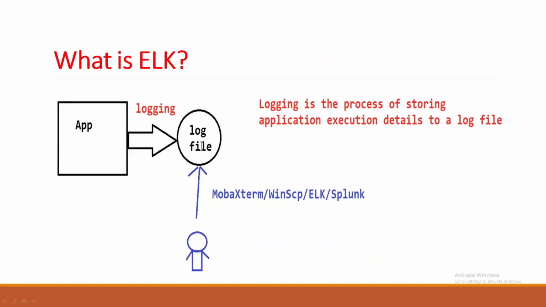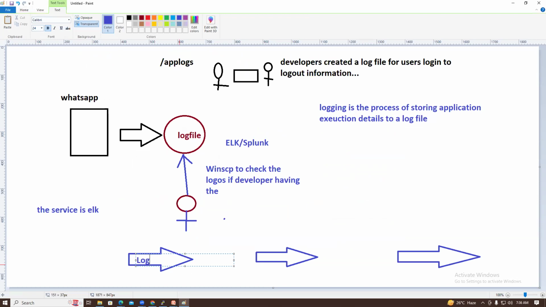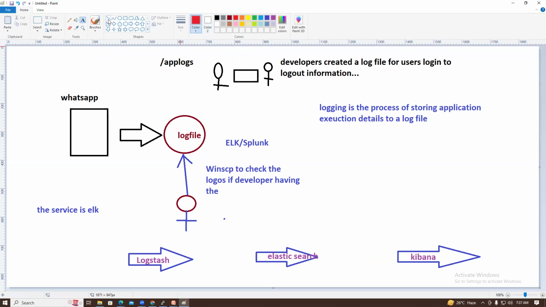Now you understood, guys? So this is Logstash, this is Elasticsearch, and this is Kibana. What will Logstash do?